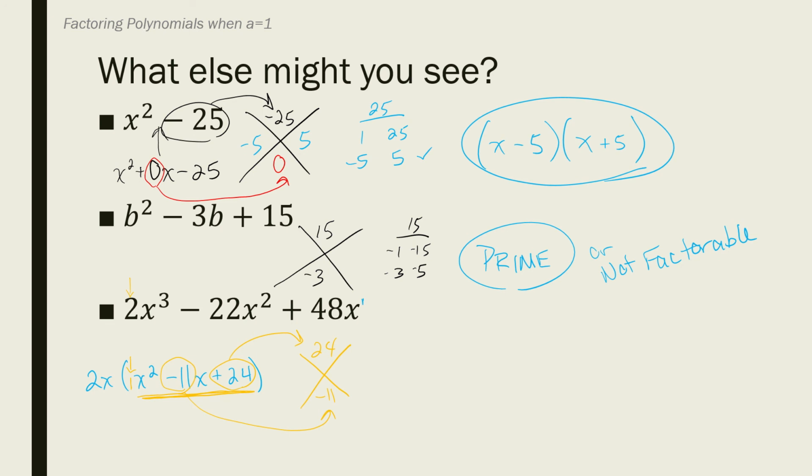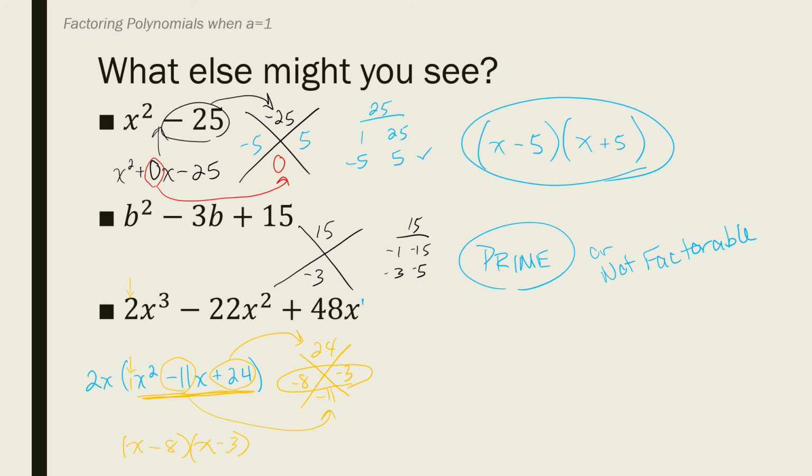So we're looking for two numbers that multiply to give us positive 24 and combine to give us negative 11. That's going to be negative 8 and negative 3. So this trinomial factors into x minus 8 times x minus 3.